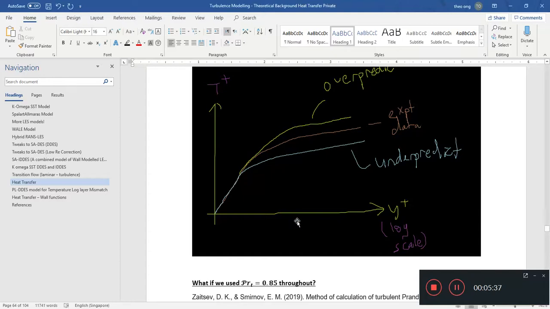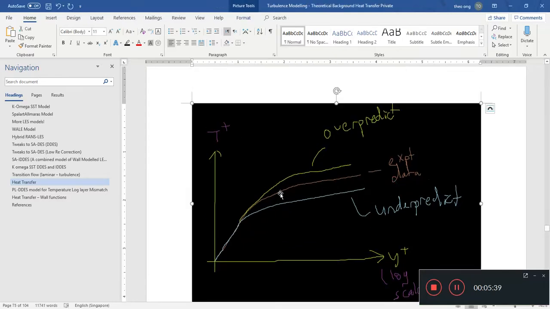If you remember this graph, for example, you have your experimental data showing this log layer in brown.